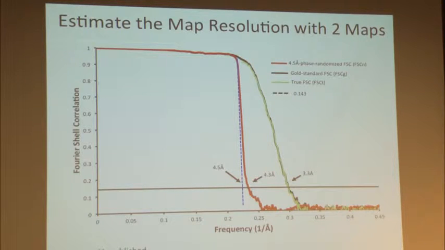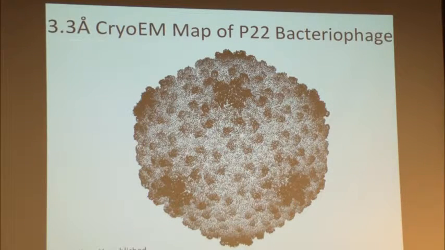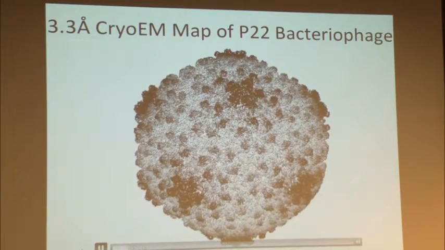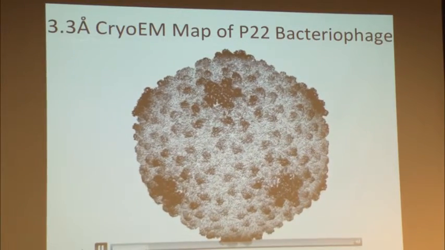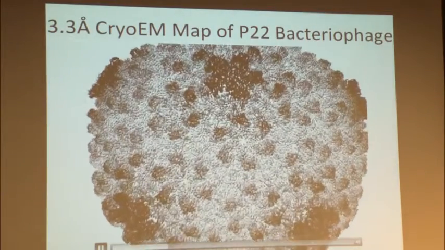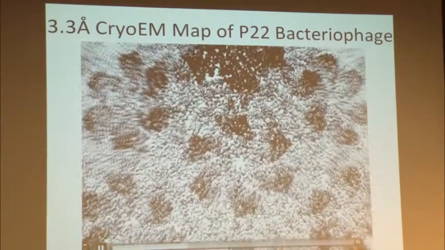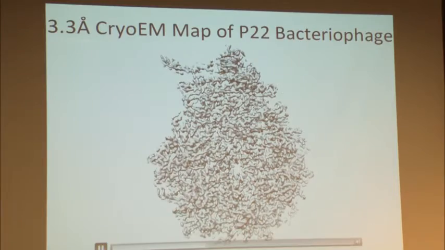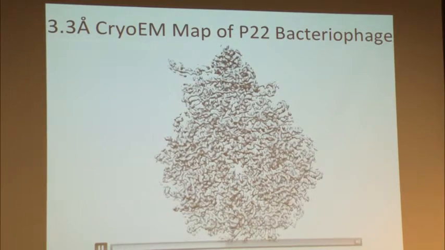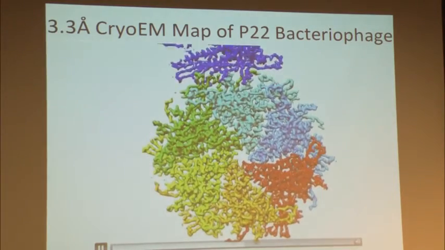Okay, now, the next question: at 3.3 angstrom, what would you expect to see? So here is the whole map of this virus particle, and I'm going to show you this movie, where you can see there is a hexagon-looking feature, there's a penton-looking feature. It's one asymmetric unit of this virus with 7 polypeptides. Okay, that means 60 copies of the 7 polypeptides.